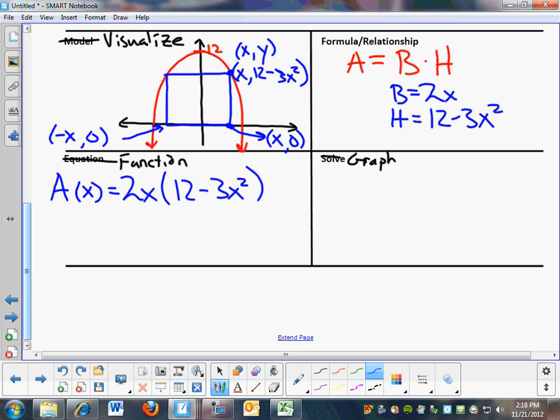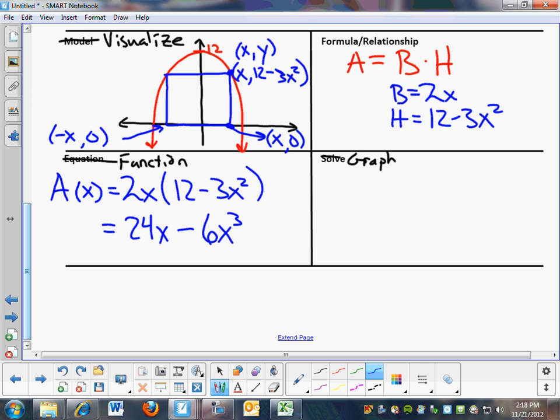I should simplify that. Let's distribute. What do you get? 24x minus 6x to the third.